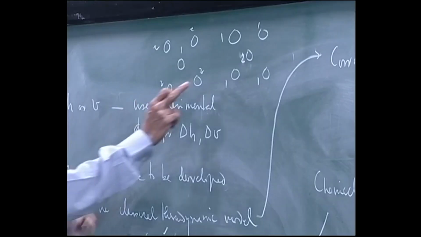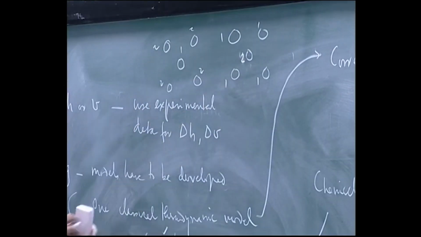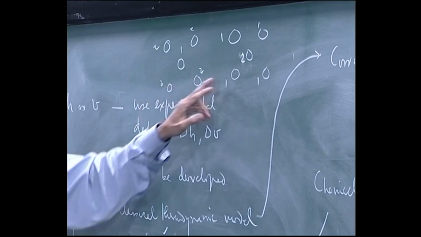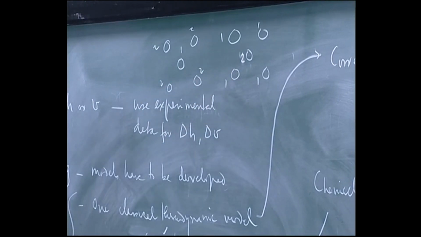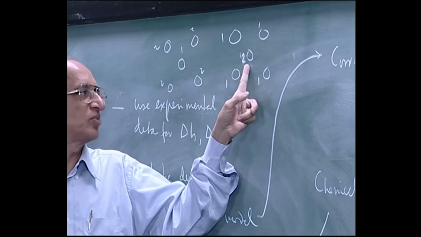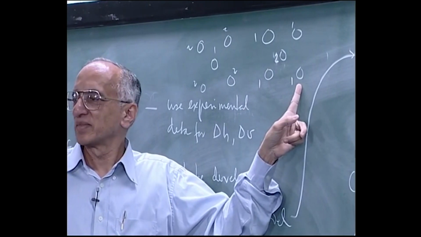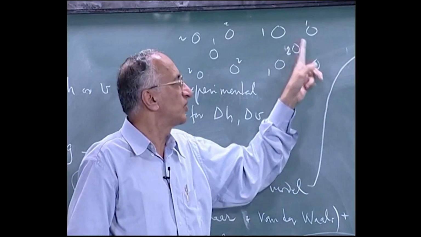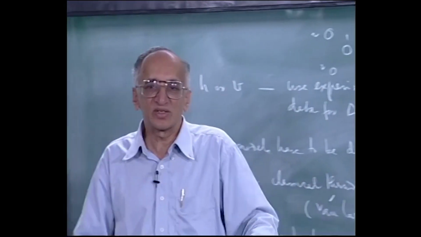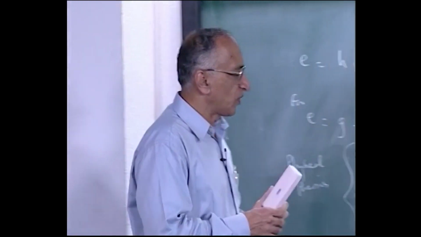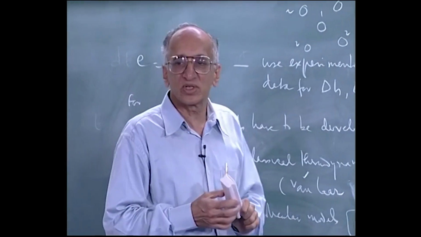So the work done in a 50-50 mixture is actually not dependent on the global composition but on the local composition. What Wilson said was, you should not be talking of x2 but of x21, that means the mole fraction of 2 in the neighborhood of 1, and that is what determines the work done, and that is what determines delta G. That started off a whole spate of theories called local composition theories.